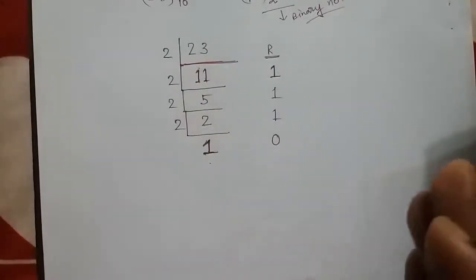So which one will be the first digit of the binary number and the last digit? That means the most significant bit. Every digit in a binary number is known as a bit. So which one is the most significant bit? That means the first bit.